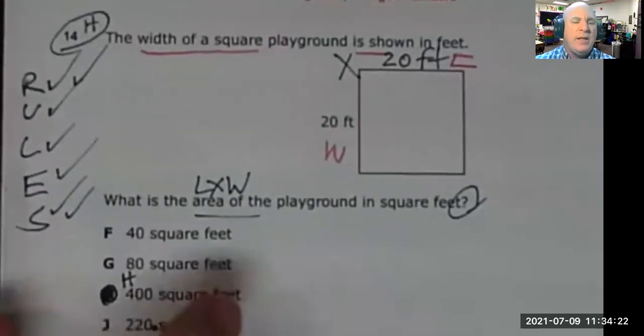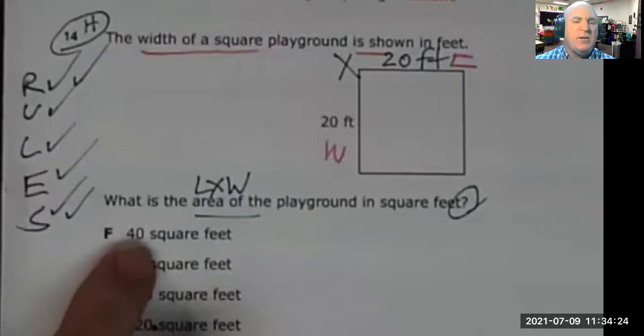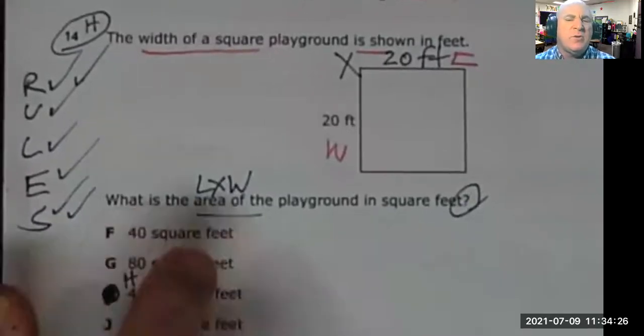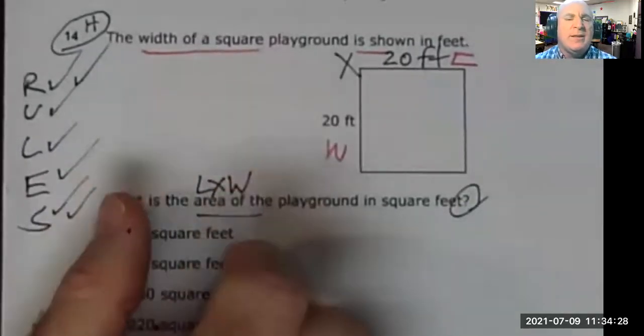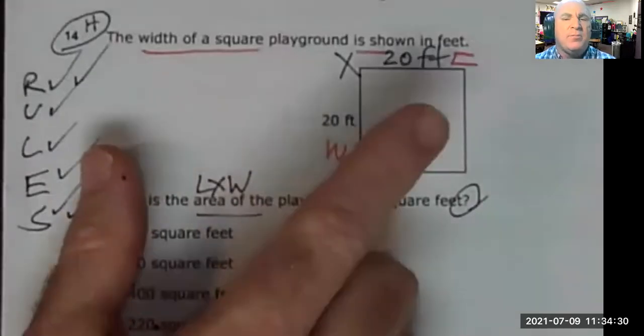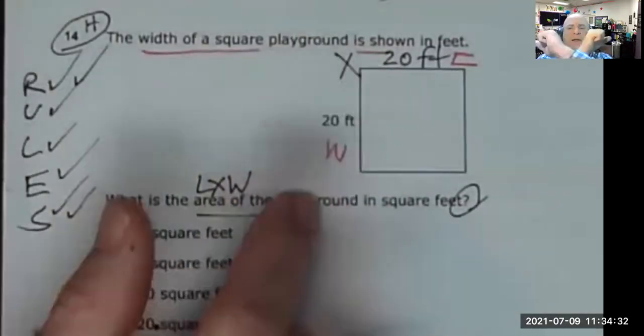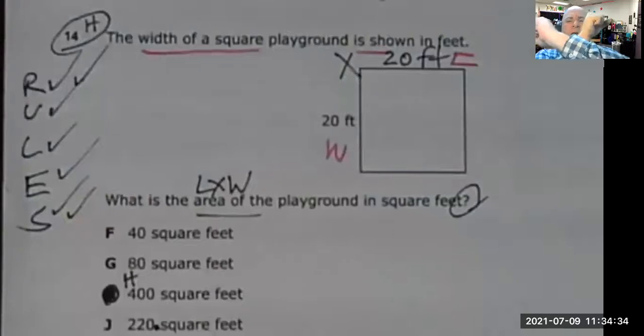Okay? Why would they get 40 square feet? Because the student might have thought that it was length plus width. And if you look at me, there's times and there's plus. So my brain needs to constantly get used to seeing area, meaning product, times, multiply. Huh. Why would they get 80?